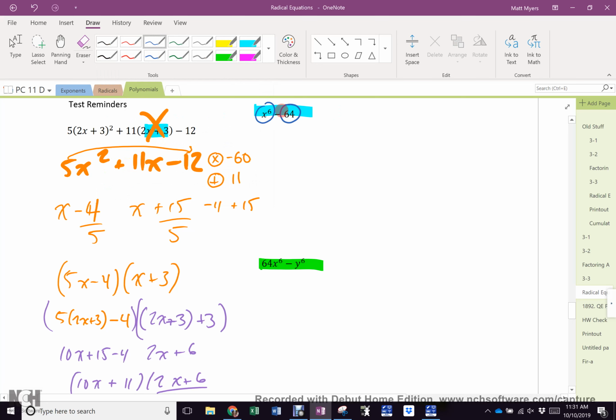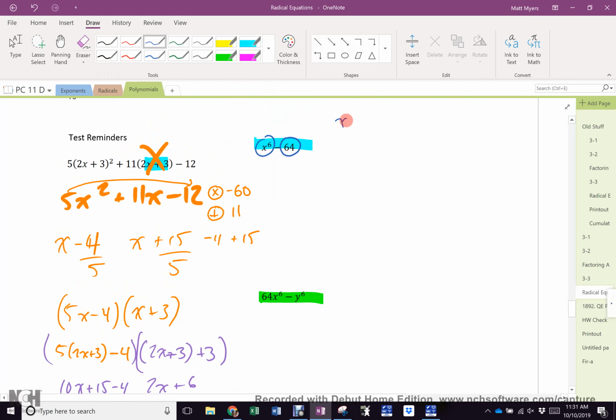That is a cube and a cube. So we know that that is going to be x minus y times x squared plus xy plus y squared. This is the x, this is the y.